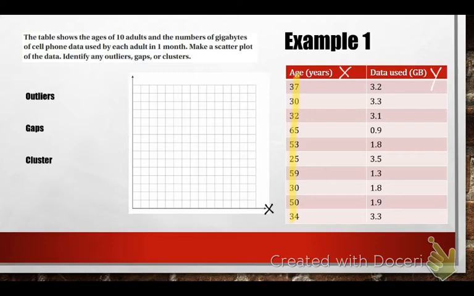So what do you think should be my intervals? 3 would still be probably small. I would say 5 or 10. So what I'm going to do is go by 10s, but I'm going to skip every other one.